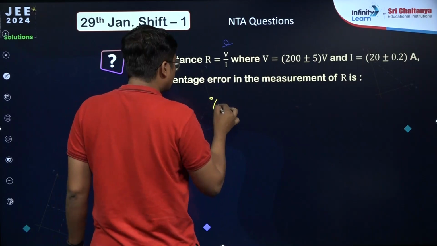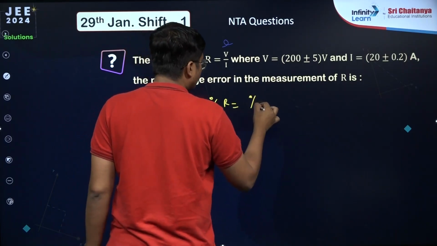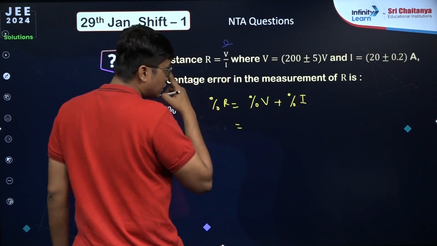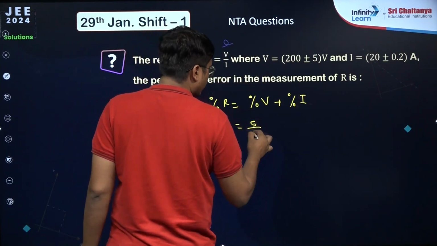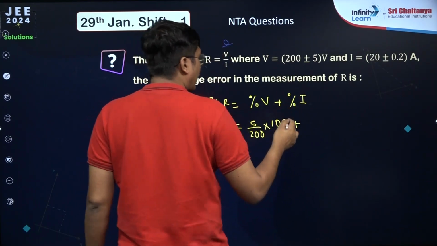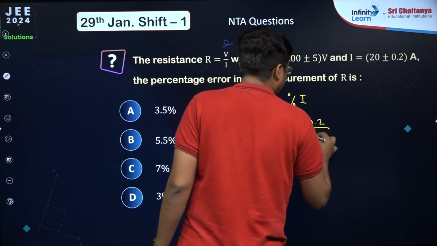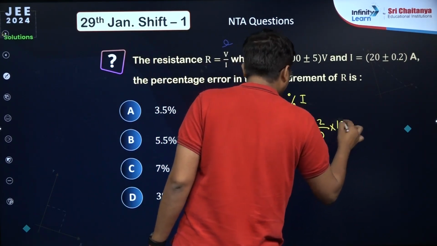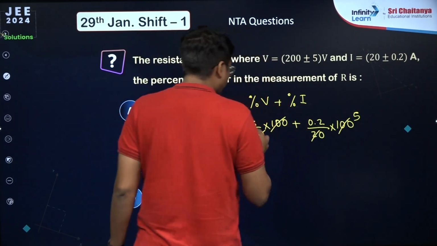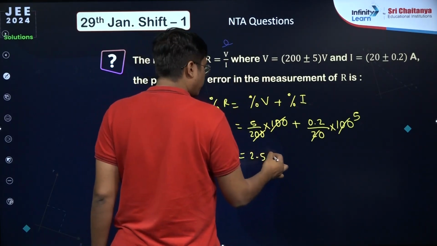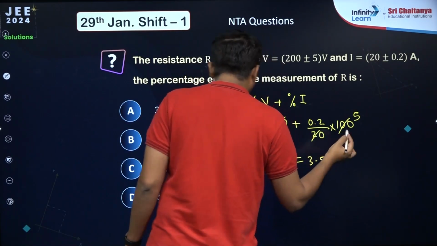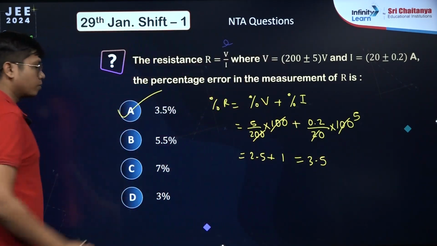So the percentage change in R is equal to percentage change in V plus the percentage change in I. Percentage change in V is 5 by 200 into 100 plus percentage change in I is 0.2 by 20 into 100. Take this out. This goes out with a 5. So we have 5 by 2, that is 2.5 plus 0.2 into 5, that is 1. At the end you get 3.5%. So it is option A over here.